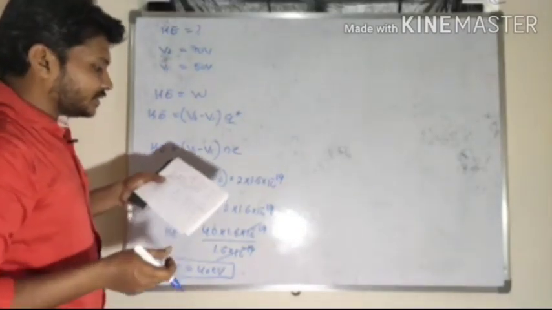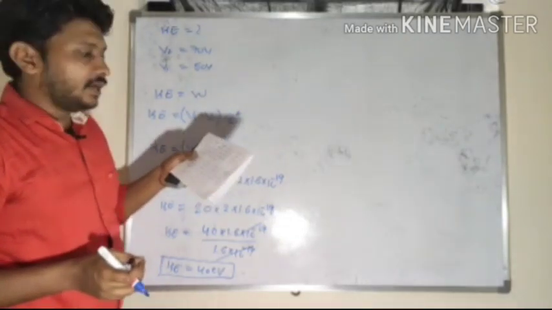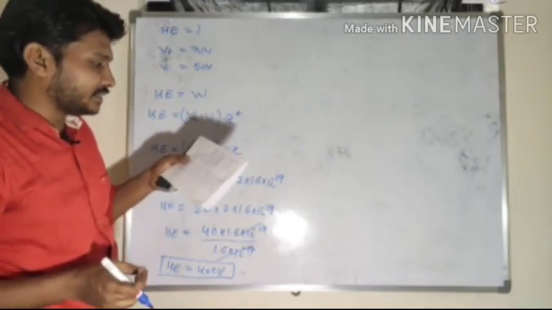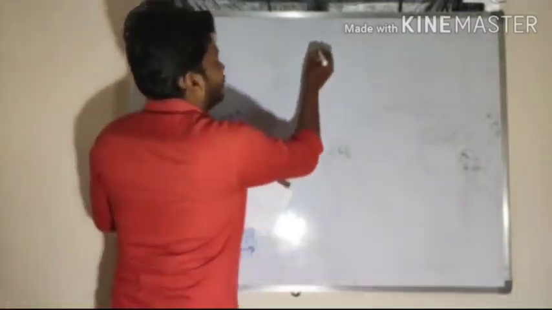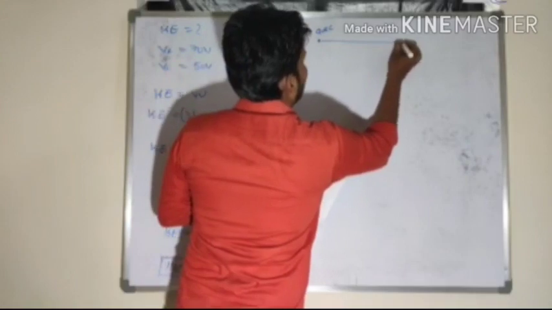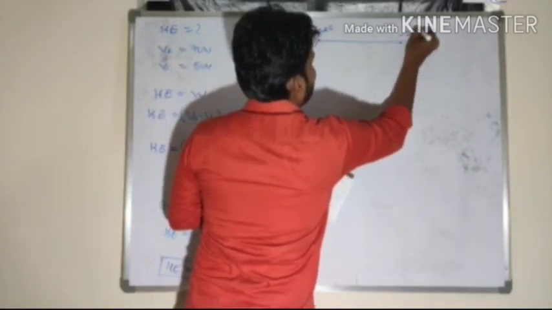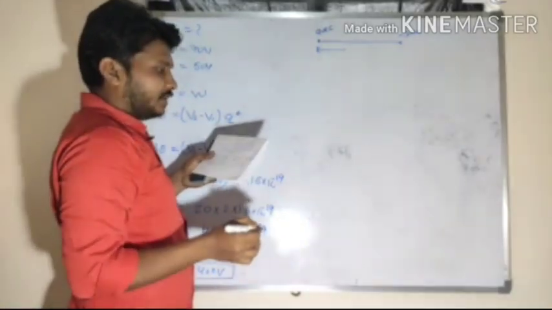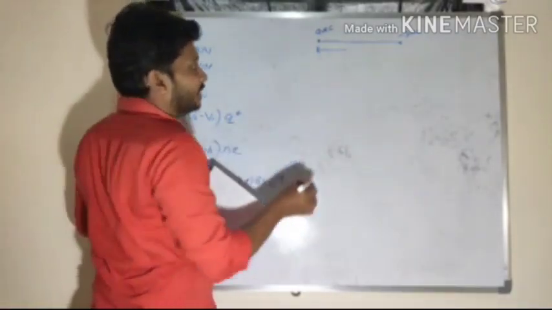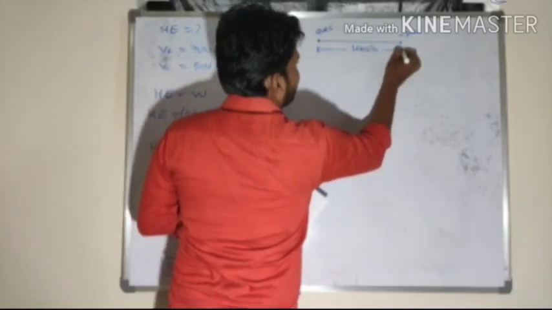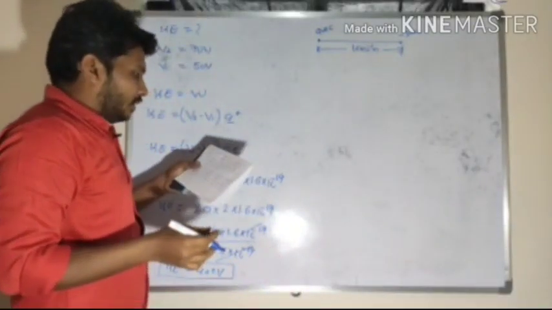Two charges, 9 microcoulomb and minus 3 microcoulomb, are placed 16 centimeter apart in air. Look here, one is 9 microcoulomb, another is minus 3 microcoulomb, and the separation between them is 0.16 meter, or 16 into 10 to the power of minus 2 meter here.